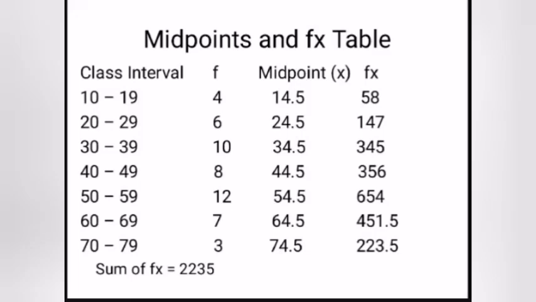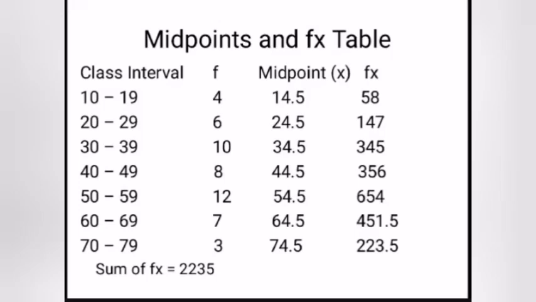Remember your class interval is 10. You are seeing the interval between these midpoints: 14.5 plus 10 is 24.5, 24.5 plus 10 is 34.5. So that's a trend there, following your class width, that's 10.